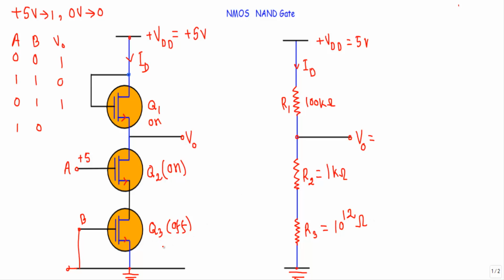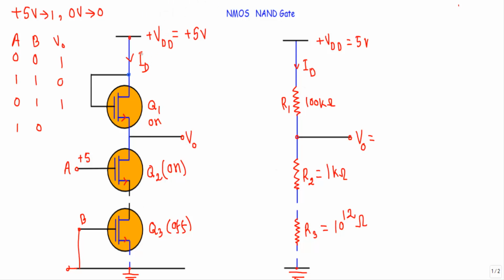Now see, as the transistor Q3 is in off state, its source and drain terminals will act like open switch or open circuit. So I can disconnect the two ends of the transistor Q3 from the network. That means I can disconnect the two terminals of the channel resistance R3 of the transistor Q3.